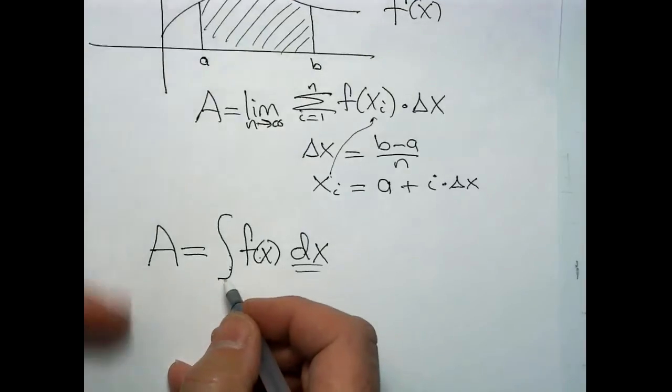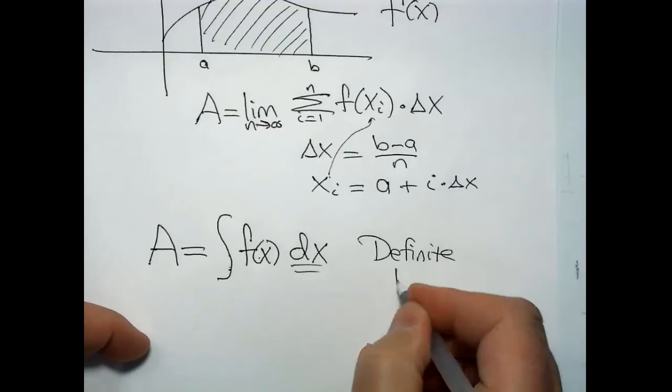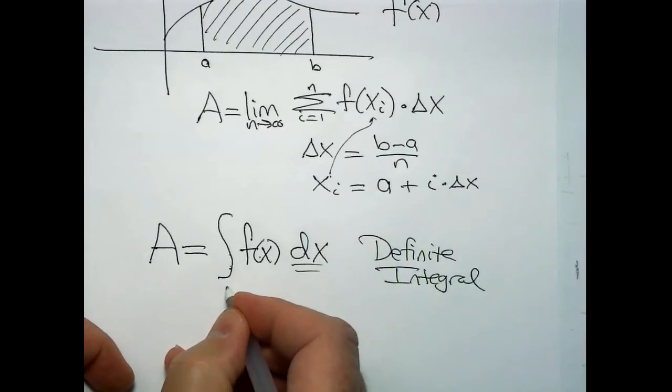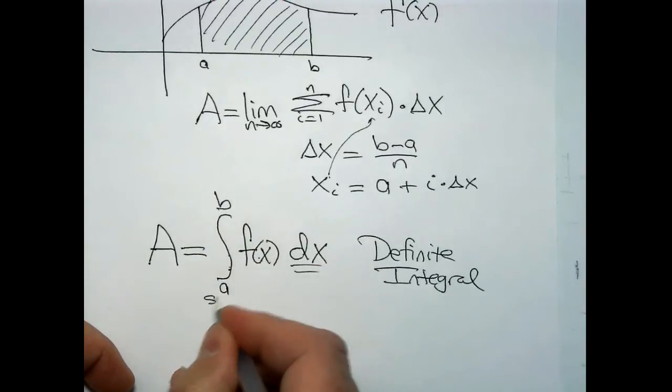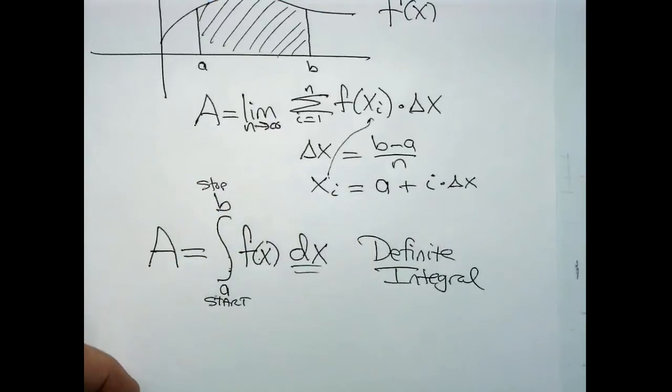Well, the terminology for a definite integral, in which we get a definite answer, a number, we need to put our limits of integration in here and put one here. This is my starting point, a. This is my stopping point, b.